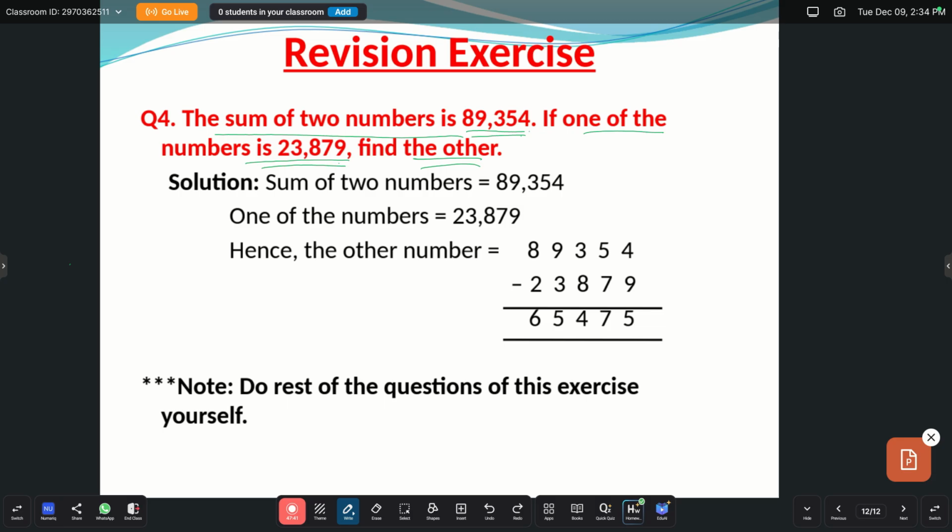See, beta, it's asking you that there are two numbers. First number is 23,879, and there's one more number and I don't know what that number is, okay, but the sum is 89,354.